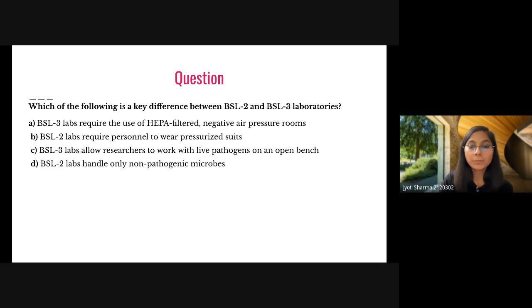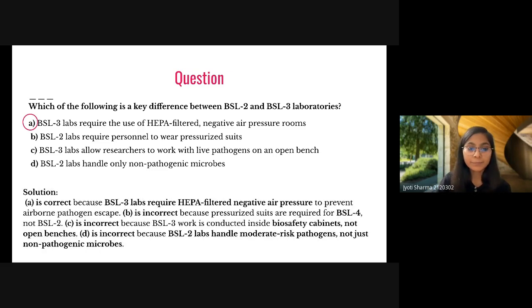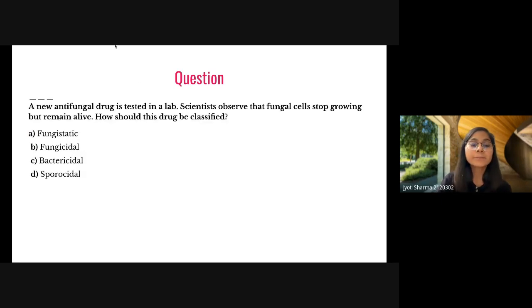The difference between BSL-2 and 3 is that BSL-3 requires HEPA, meaning the whole air in that laboratory is in a very controlled manner, and this is not in BSL-2. So that's why A is the right answer. This I have already explained.